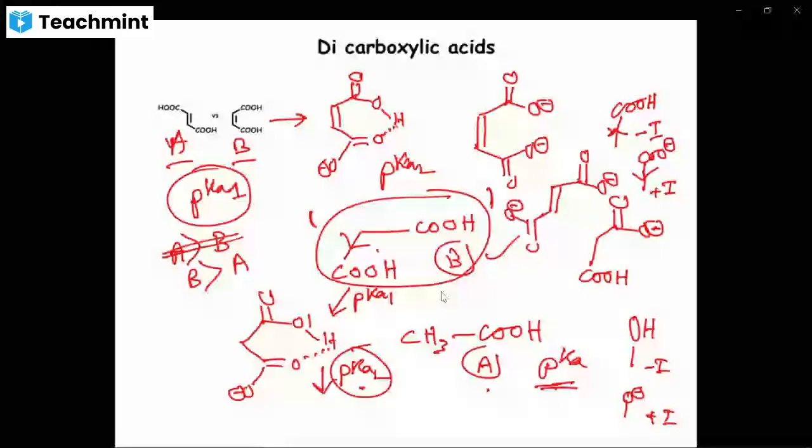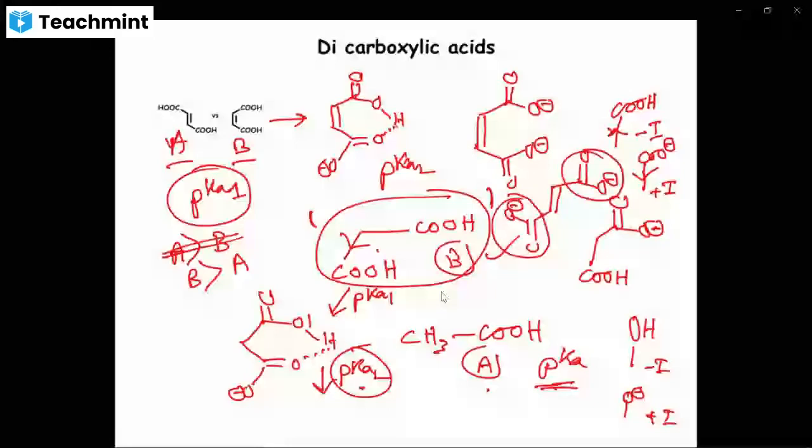Steric or Coulombic? Yeah, dipolar repulsion or Coulombic repulsion, because for fumaric acid you can see these two groups are trans with respect to one another, so there is no direct Coulombic repulsion.